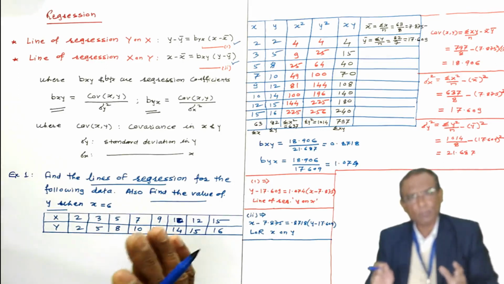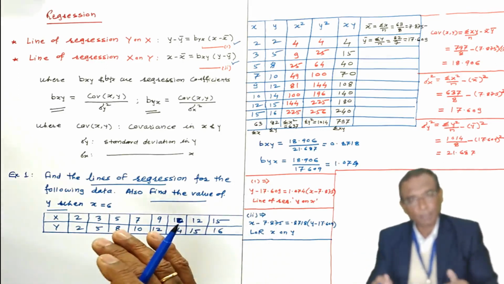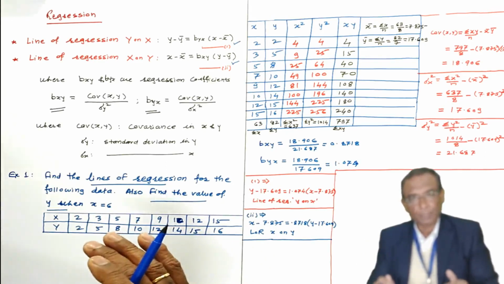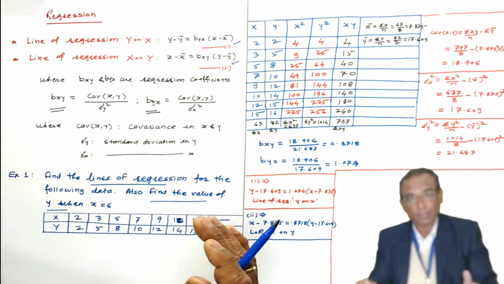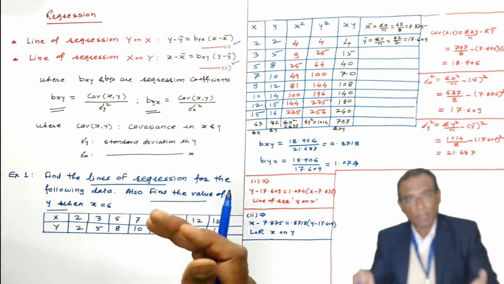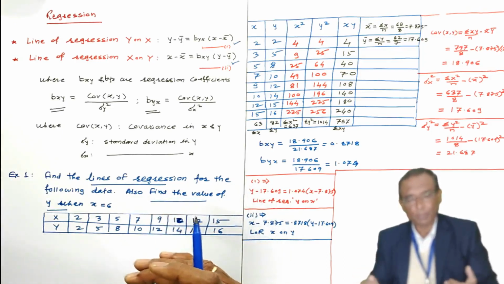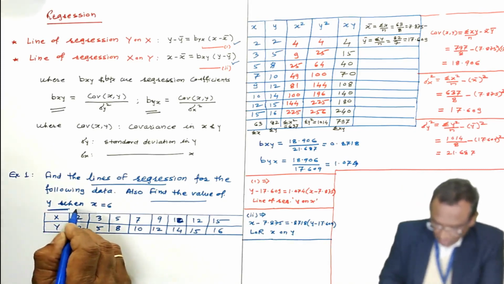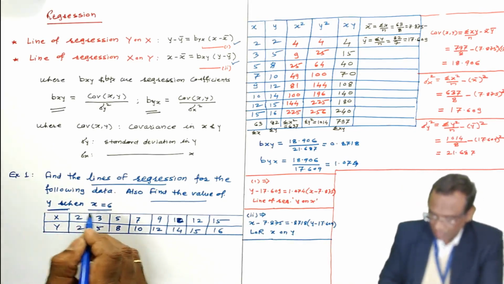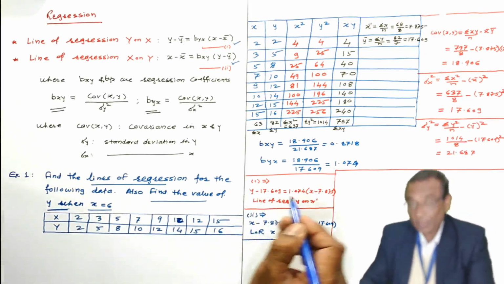Many points or some points may not be on the line. That's why you will get an approximate value of y or value of x. That's why when the value of y is asked, when x equal to 6, use the line of regression of y on x.